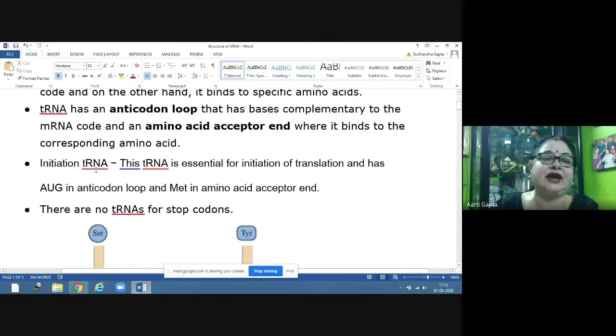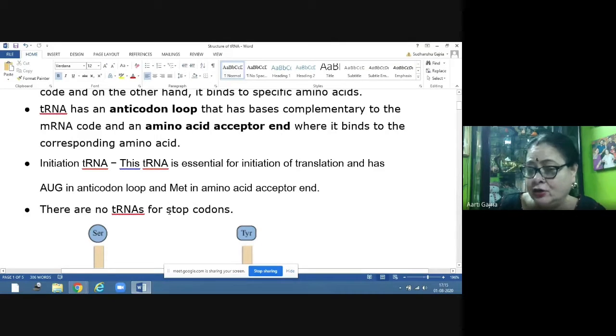Initiation transfer RNA. Now this transfer RNA is essential for initiation of translation. And as I told you, the start codon is always AUG. So what will happen? Methionine is brought to the messenger RNA. And there are no transfer RNAs for stop codons.